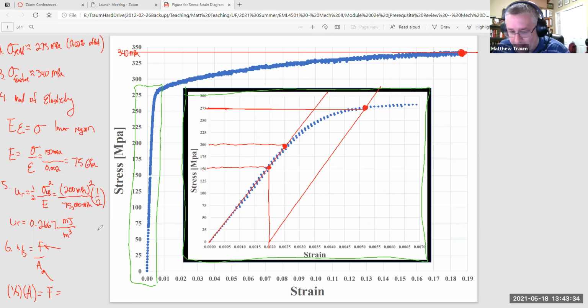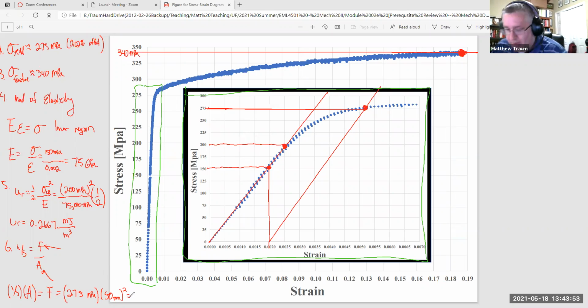And if I plug in the numbers, I got 275 megapascals is my yield strength, multiplied by 50 millimeters squared.